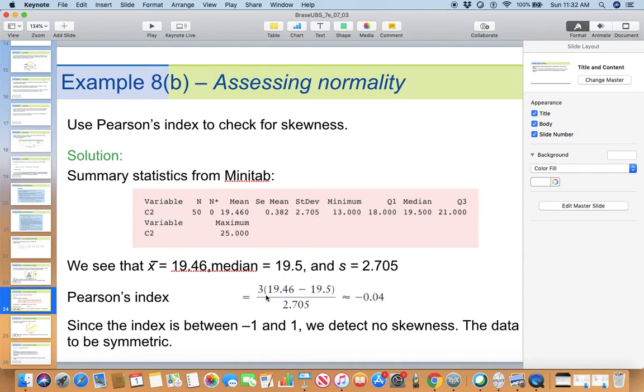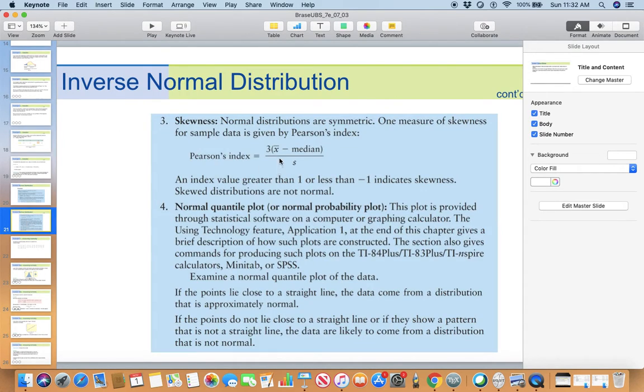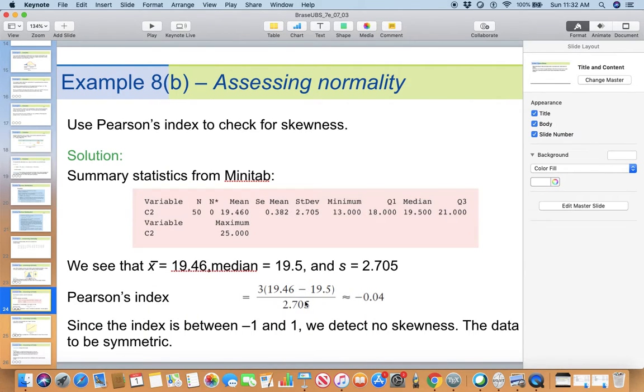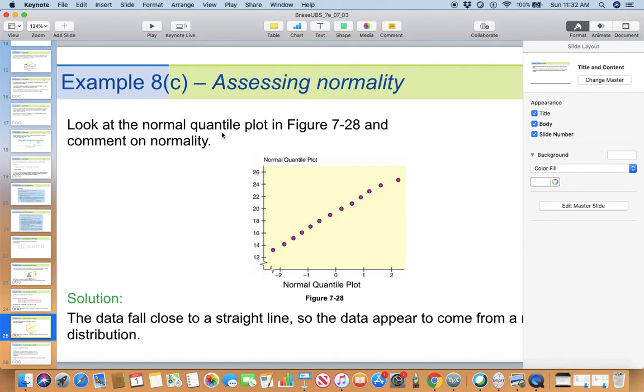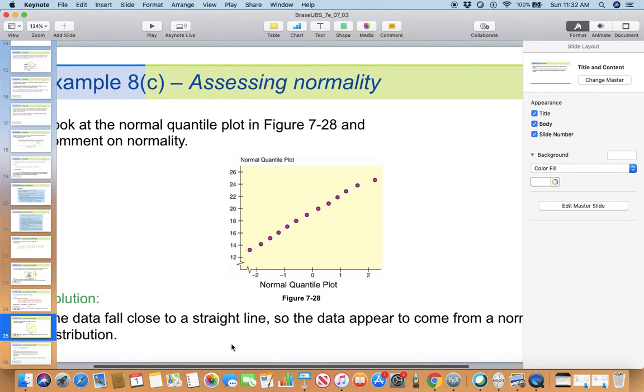It uses this formula, if you recall: 3 times (X bar minus median) over S. If it's greater than 1 or less than -1, then you are skewed. Skewed is not normal. Well, we are not beyond -1, so this does not detect any skewness. Now if you look at the normal quantile plot, the points look very close to a straight line. So the data appear to come from a normal distribution.